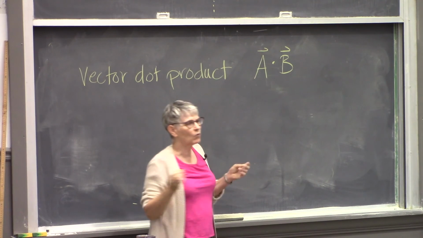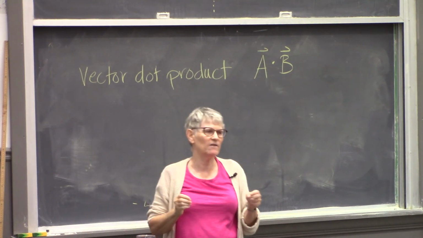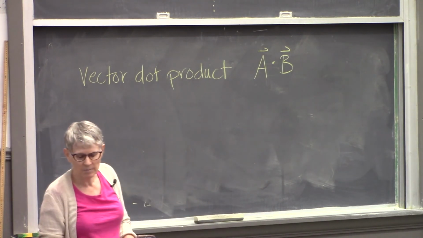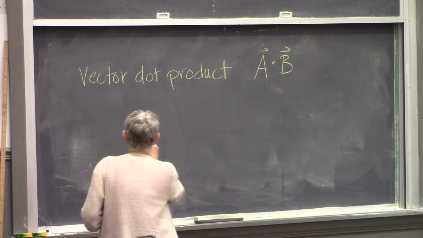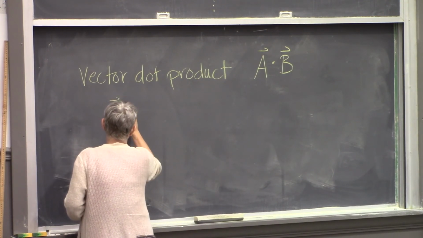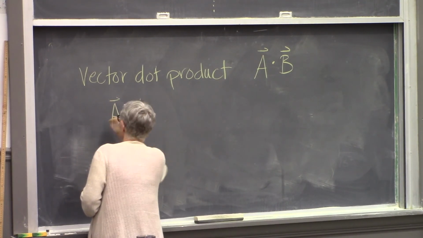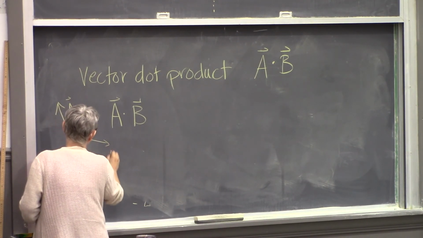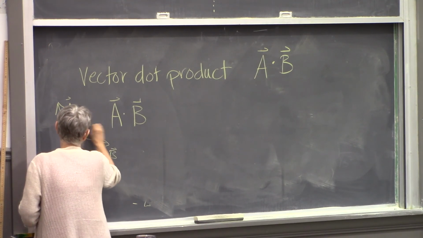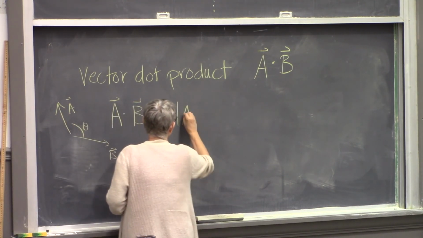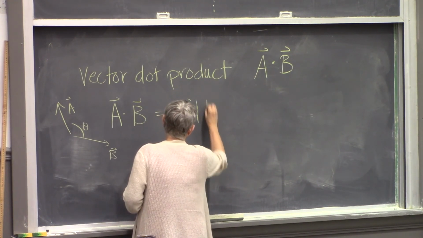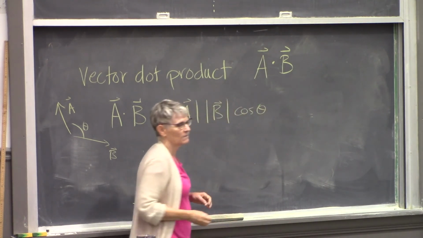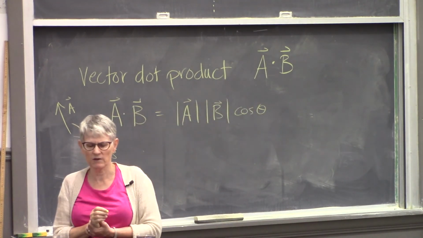So now we have one way to combine vectors that we haven't encountered before, which is to take a dot product. And the definition is that the dot product of two vectors, A and B with an angle theta between them, is equal to the magnitude of A times the magnitude of B times the cosine of the angle between the vectors.